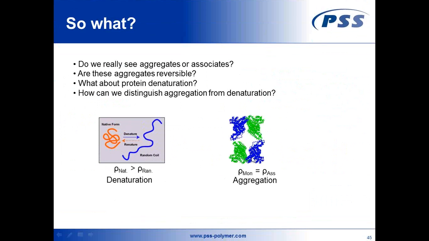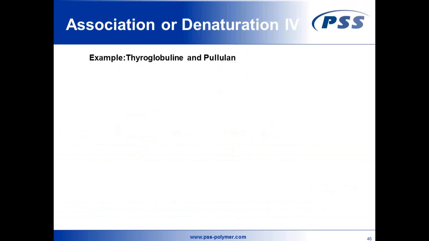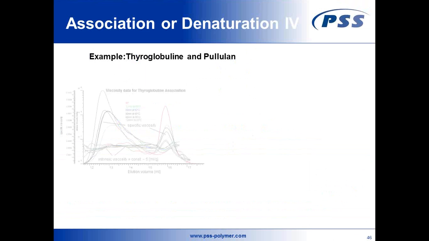While when we would end up only with an aggregation of the protein, due to the fact that the density of the globular state stays the same, the density of the overall aggregated molecule should also stay the same. And the density, as mentioned before, can easily be measured by a viscometry experiment.